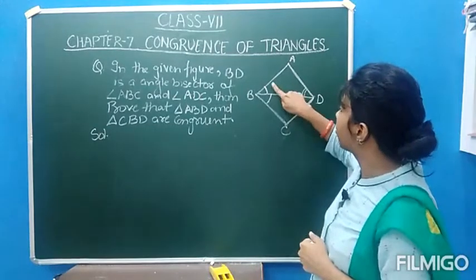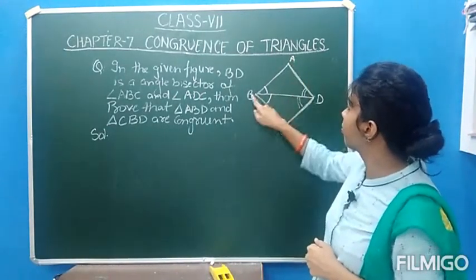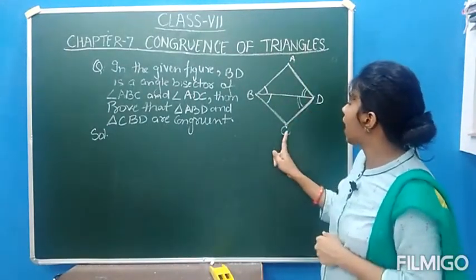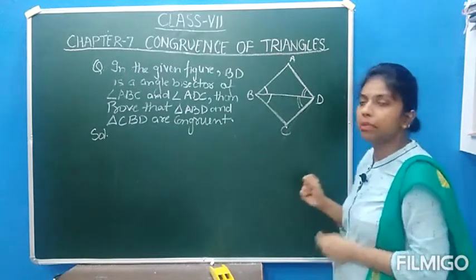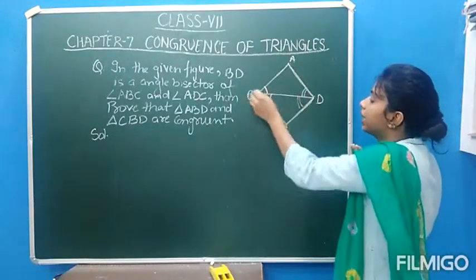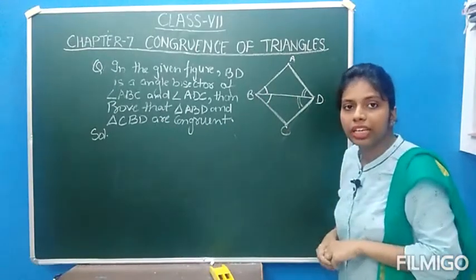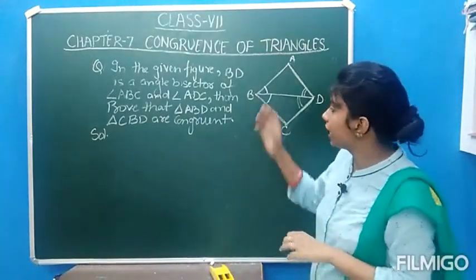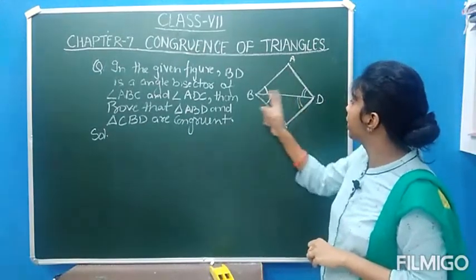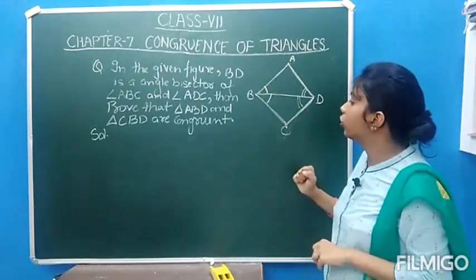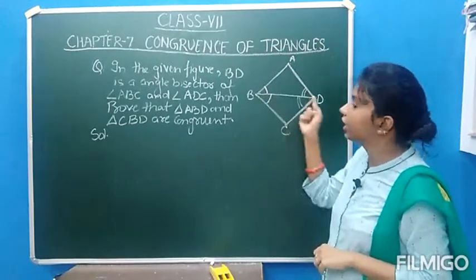So here we have angle ABD equal to angle CBD, and similarly angle ADB and angle CDB are going to be equal. Now we have to prove that triangle ABD is congruent to triangle CBD.